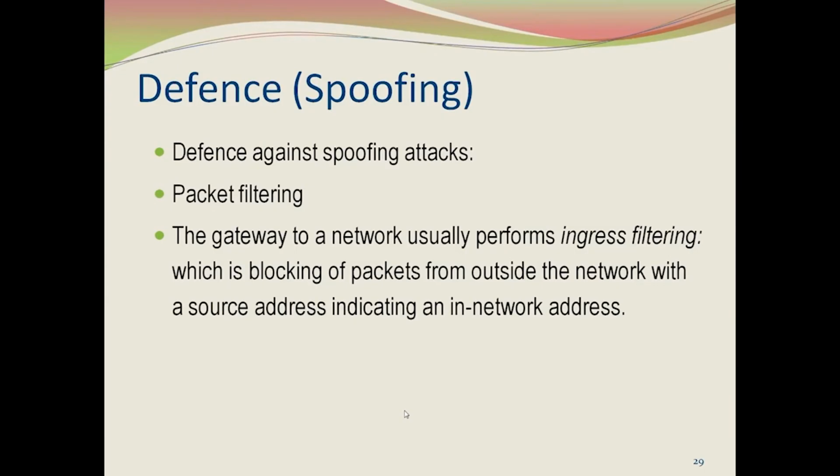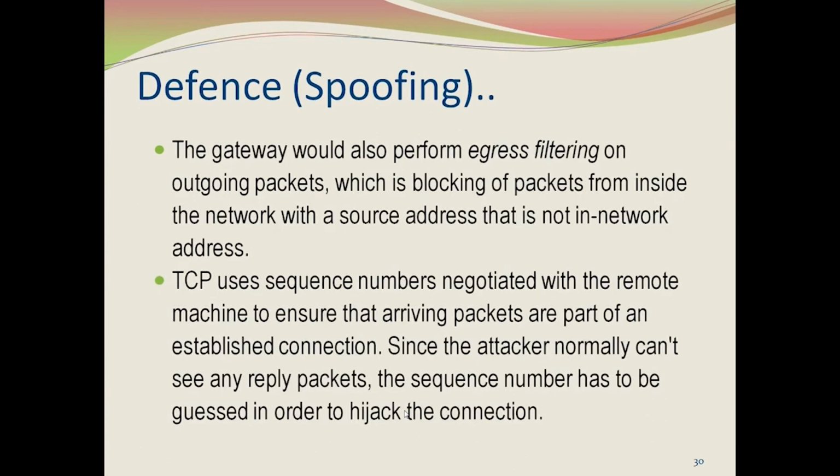So, ingress filtering can happen, and similarly the other is egress filtering. The gateway would also perform egress filtering on the outgoing packets. So, it is the blocking of packets from inside the network with a source address that is not in the network address.